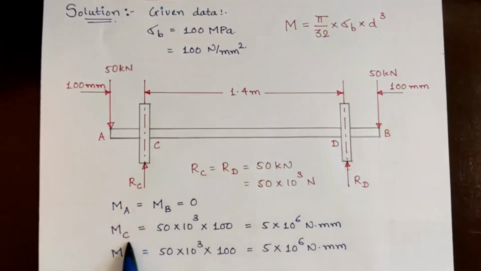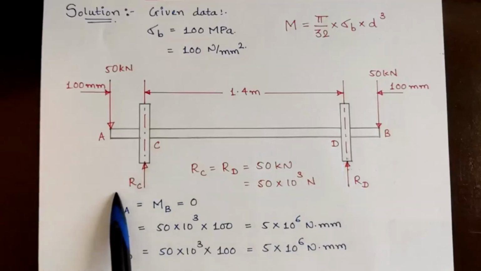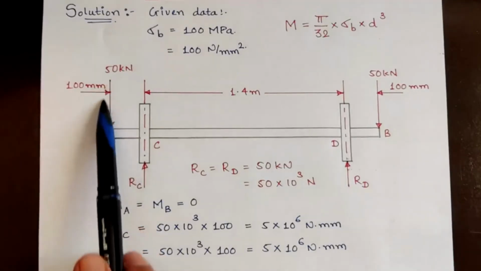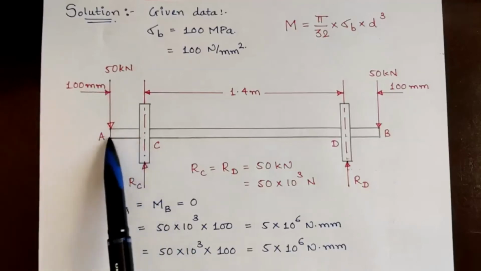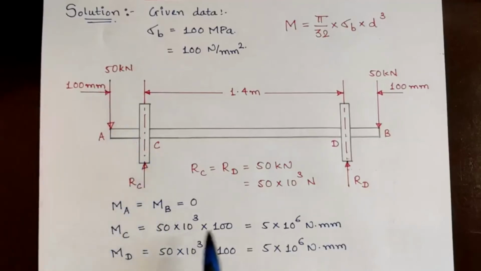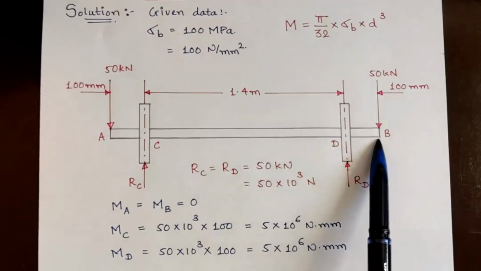If we consider moment at C, moment means force into perpendicular distance. Force is 50 kilonewton into distance from C. This distance is 100 mm. So it will be 5 into 10 raised to 6 Newton into mm. And if we consider moment at D, then here we are considering from the right hand side of that point.